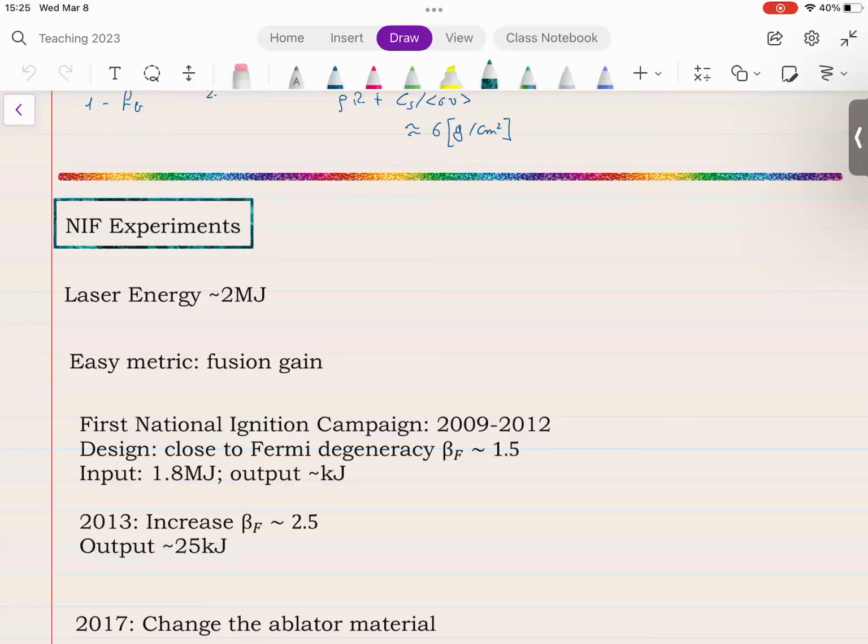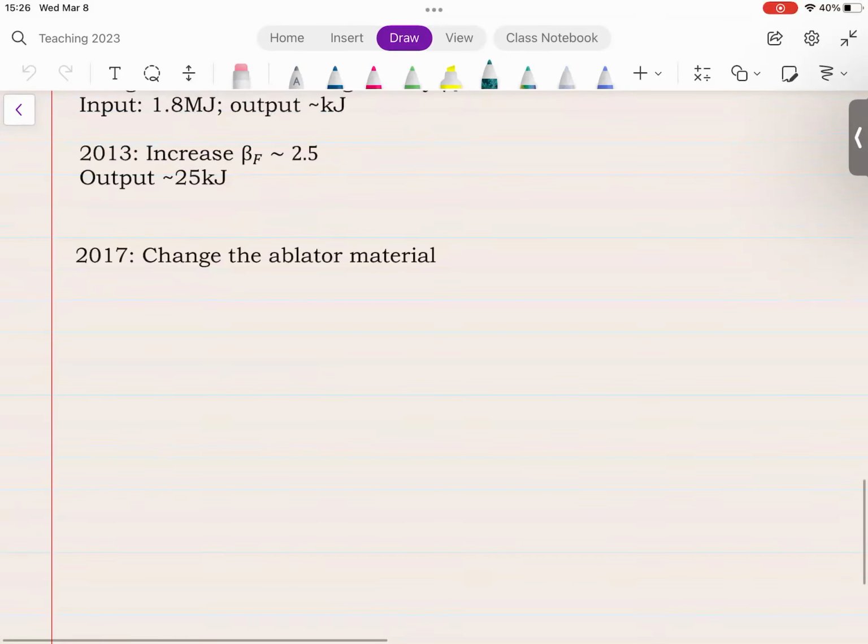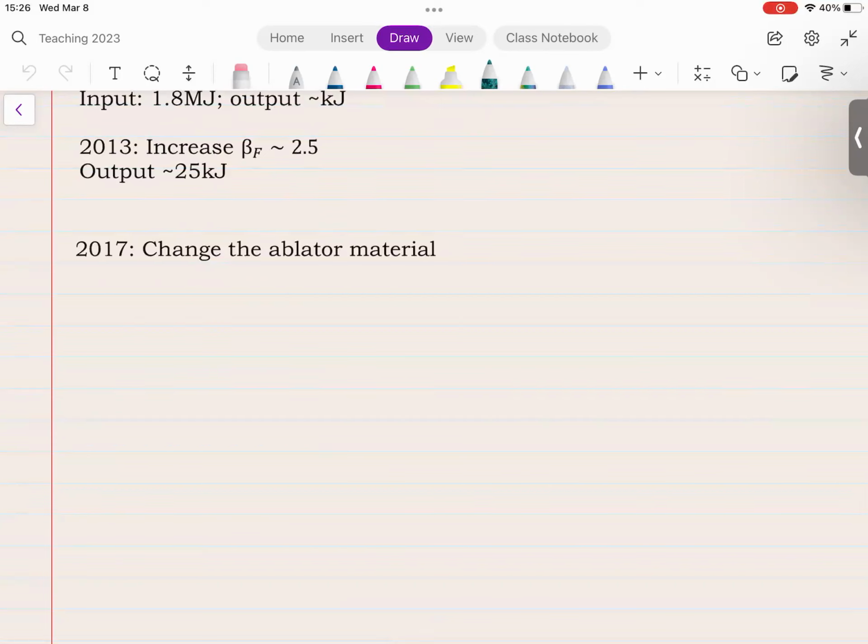There is quite significant work that gets into each one of these steps. I mean, why didn't people think of having a high density carbon ablator before, and they used this other ablator? Well, because you had to design the material.